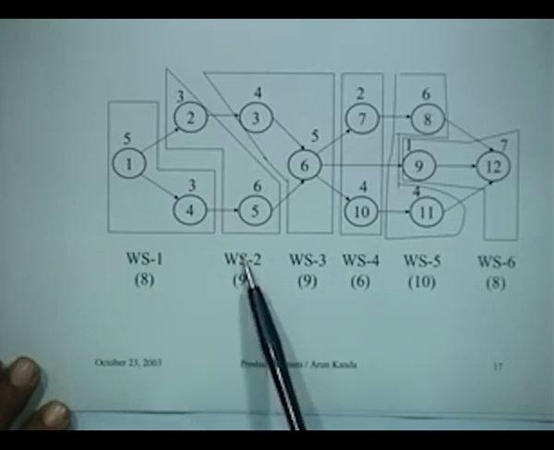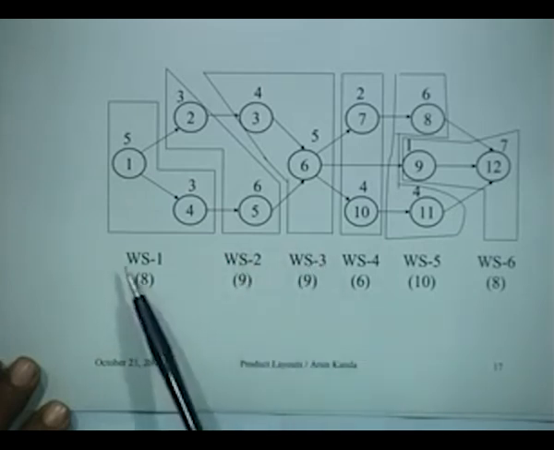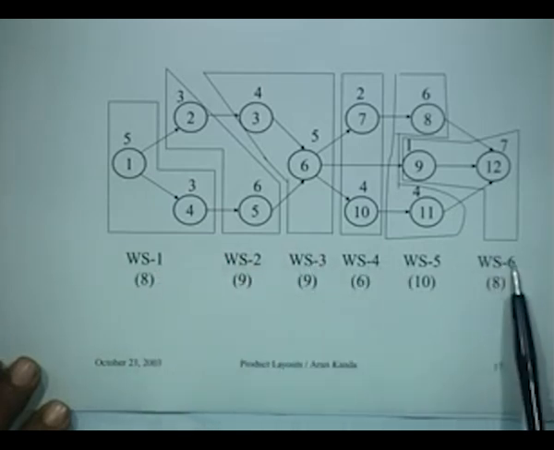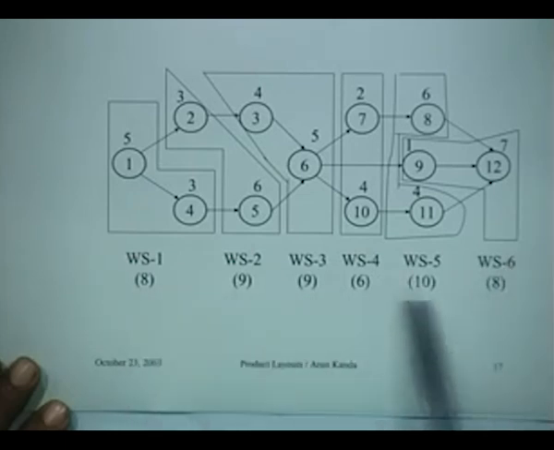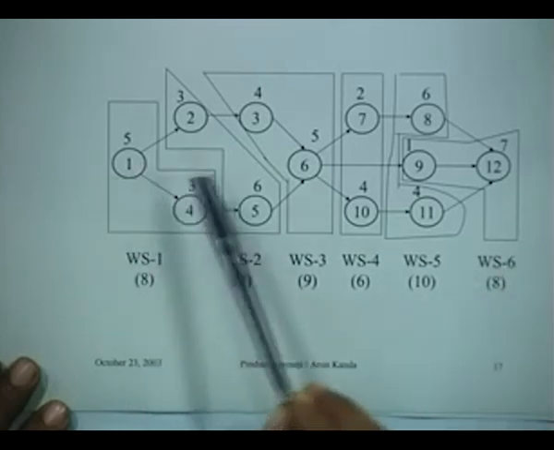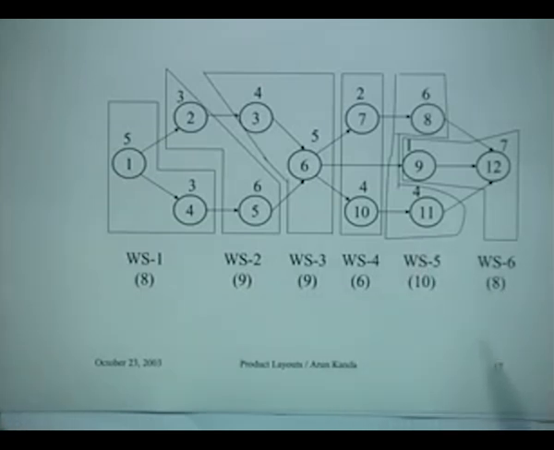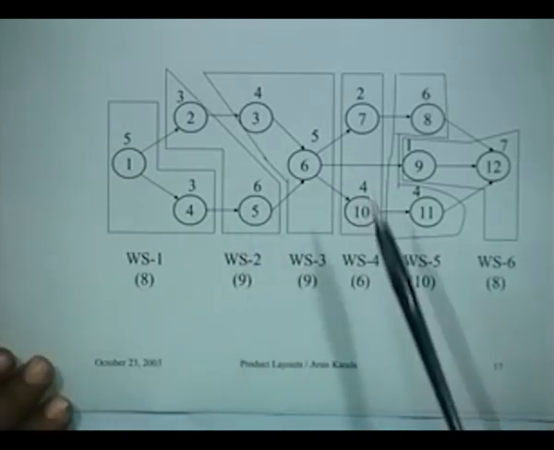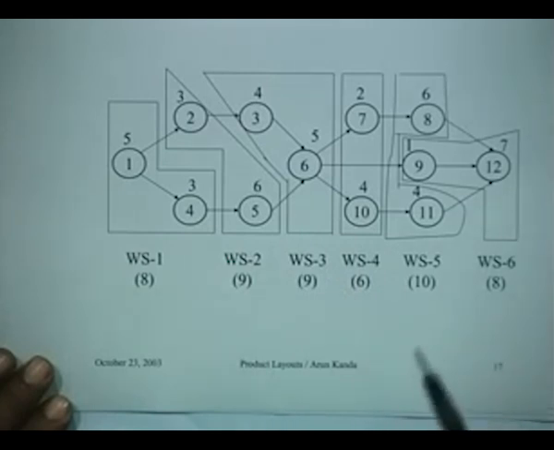And so on for the next operator and the next operator. So I have a design of an assembly line which has 6 operators, and we exactly know what each operator has to do. This is the basic idea of an assembly line, which we just did by simple common sense logic.